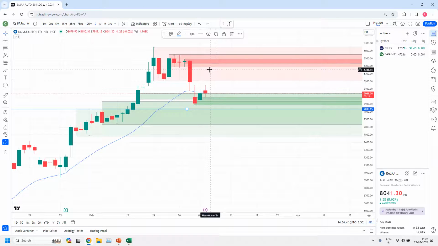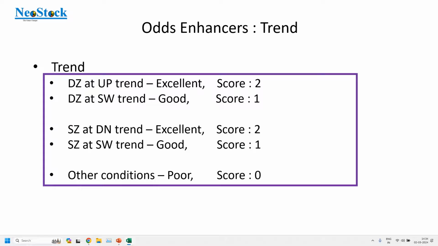Okay, now the price direction is in our favor. Which price direction? Both HTF as well as ITF, by the time prices enter into this supply zone. So if that is the case, what could be the score? See here, supply zone at downtrend. Sorry, I'm looking into the trend.